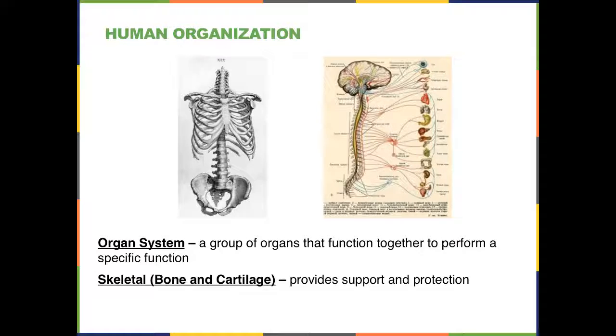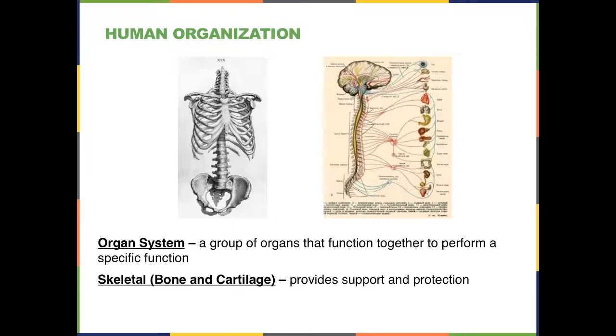And in providing support, it also makes it possible for motion. And so the skeletal system is a group of organs, in this case bone, cartilage, joints, etc., that provide the function of support and also the function of protection. The rib cage, for example, protects the heart and lungs, the skull protects the brain, etc.